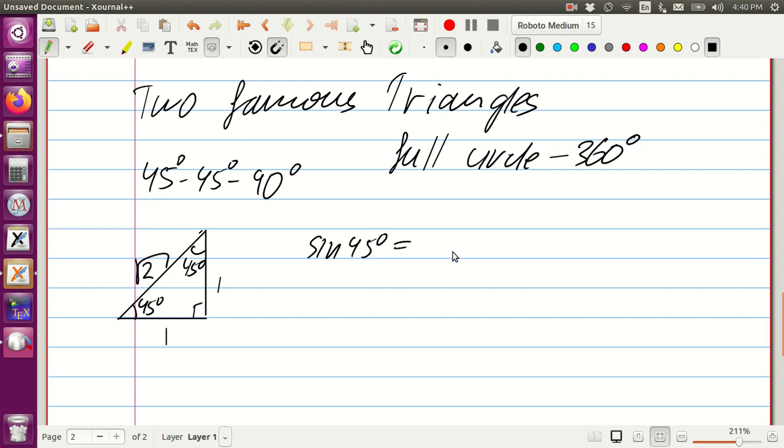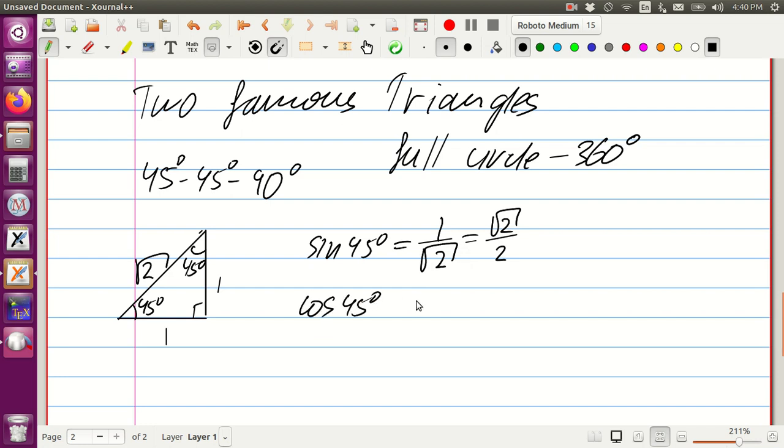The sine of 45 degrees, again by definition, let's think of this angle as 45, is opposite over hypotenuse, so 1 over the square root of 2, but some people want to write it like this. You choose the way you want to write it. It doesn't really matter for me. How do you come up with this? You rationalize the denominator by multiplying both by square root of 2.